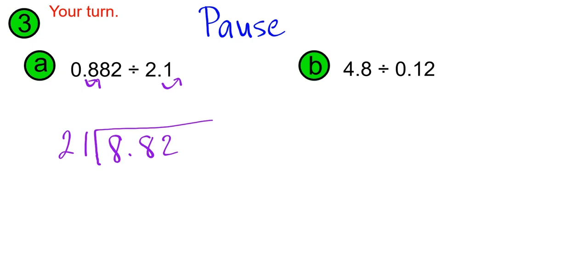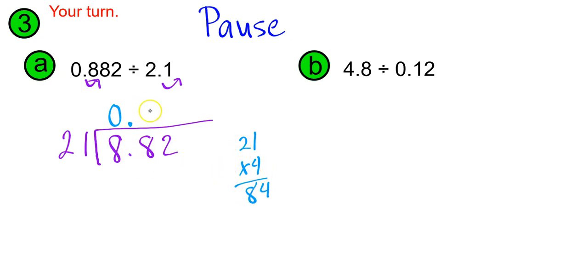Remember, the first thing you want to do is get that decimal in your answer so you don't forget the decimal. Don't be a decimal dork and forget your decimal. All right, so let's put a 0 here, but it looks like 21 can go into 88. I'm going to go off to the side and try times 4. That's going to be 84.